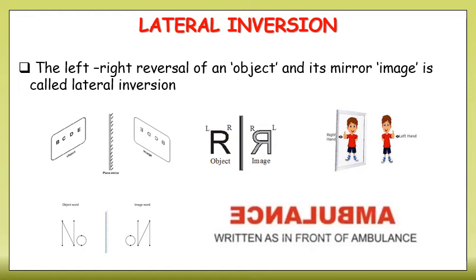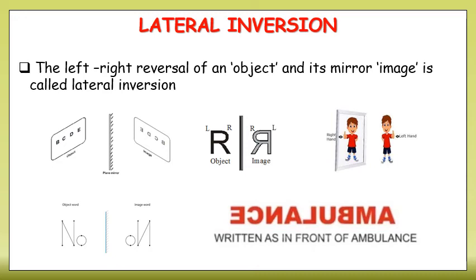For example, if you stand before a mirror and raise your left hand, what do you observe? You see that it appears in the mirror that you are raising your right hand, isn't it? So, this left-right reversal of an object and its mirror image is called lateral inversion.